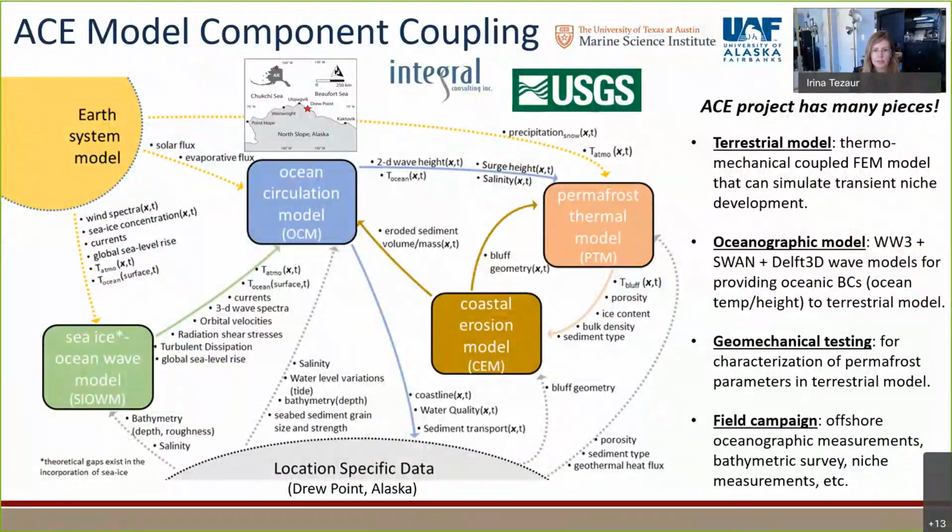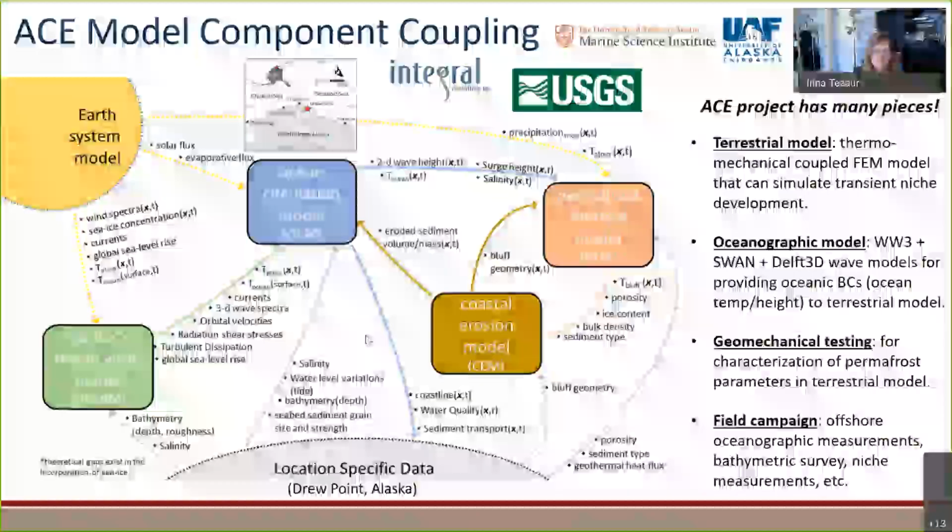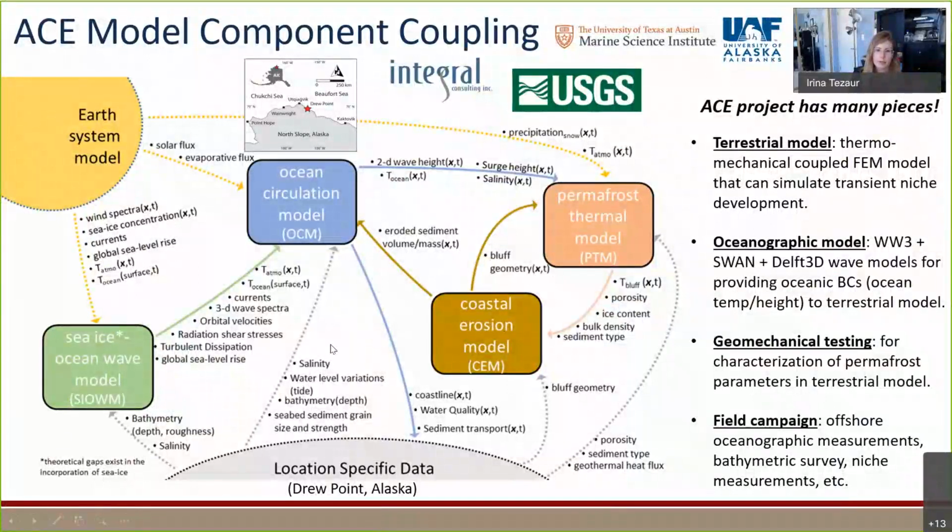And then the ocean circulation model provides boundary conditions to the permafrost thermal model, tightly coupled with the erosion model. And so the erosion model is going to predict how your permafrost will erode and change and pass that information back to the circulation model to be redistributed back into the environment once we're connected to an Earth system model.